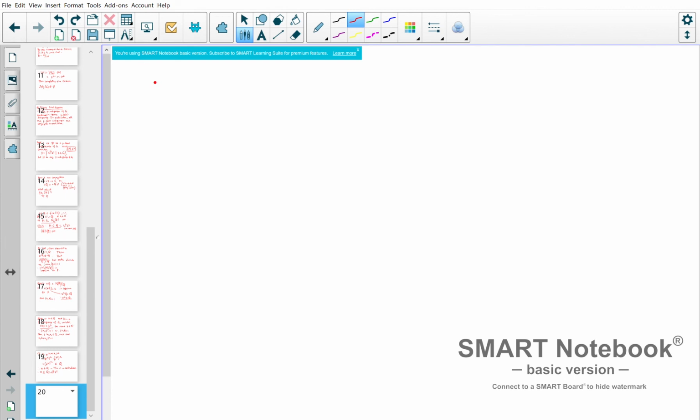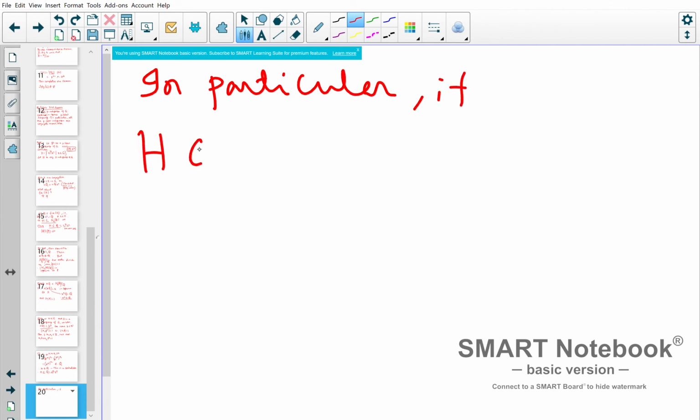In particular, if H belongs to this special Sylow subgroup of G, then H is also a p-subgroup, right?